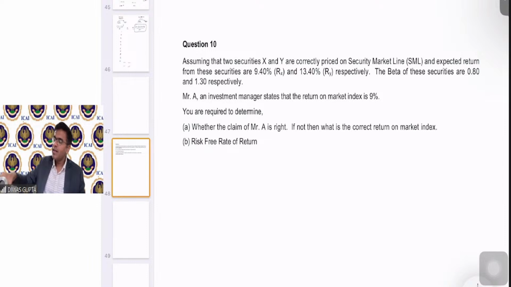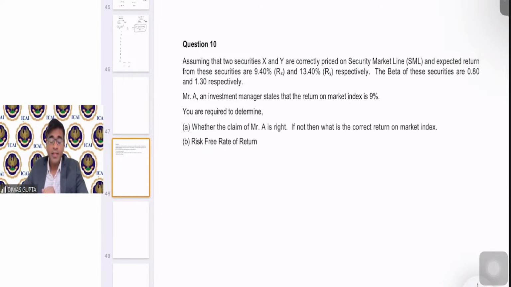So what they're saying is that you can apply the CAPM model, because they're correctly priced. And the expected returns from these two securities are 9.4% and 13.4%. The betas of these two securities are 0.8 and 1.3 respectively.